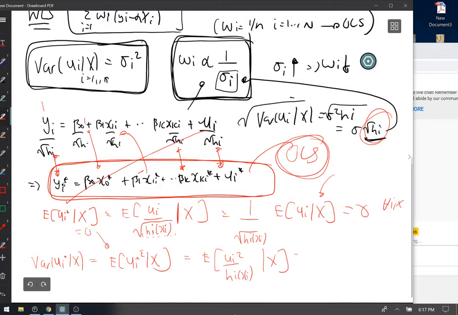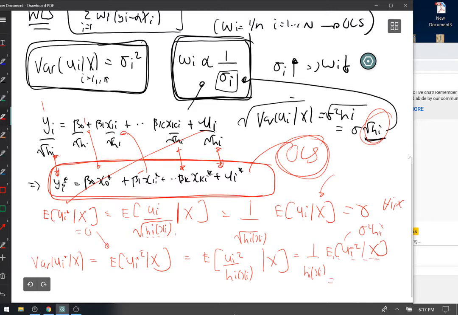When we condition on x, it's fixed, so it comes out: 1 over h_i times the expectation of ui squared given x, and this is just sigma squared h_i. This is just the variance of ui, because we've assumed the conditional mean of u given x is zero, which is assumed to be sigma squared h_i.